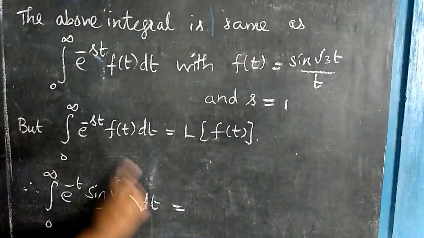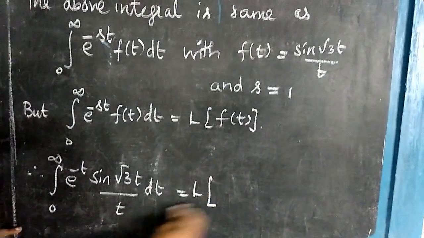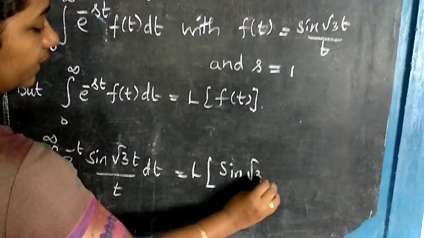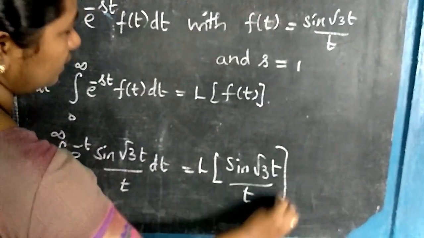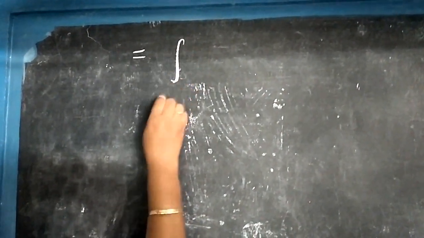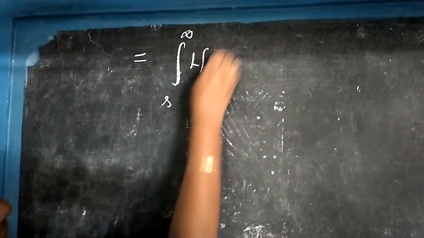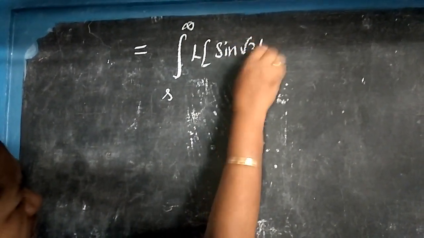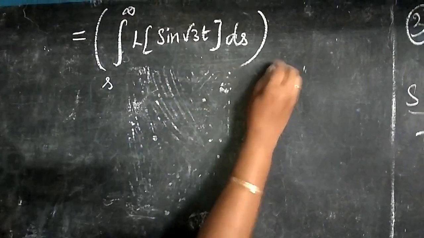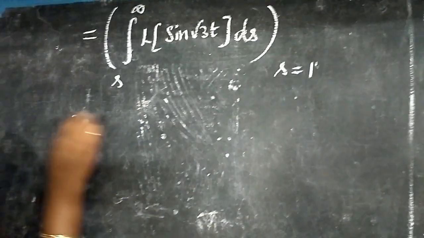Therefore, the given integral is equal to the Laplace transformation of sin root 3t by t with s equal to 1. Since it is division by t, we integrate the Laplace transformation of sin root 3t between s to infinity with respect to s. But s is equal to 1.